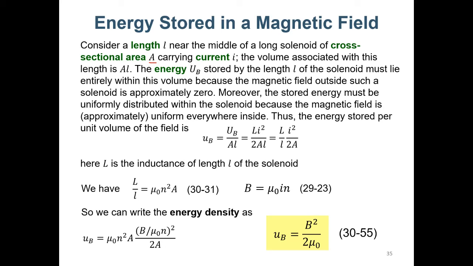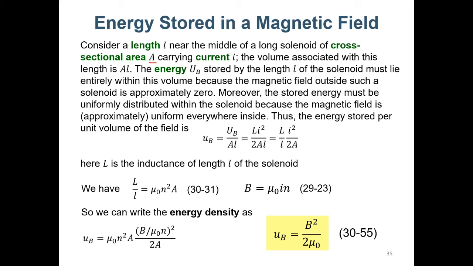So it just makes the assumption that all the energy is stored inside the inductor, inside the solenoid, and it's uniform. The B field is uniform, so the energy stored there is also uniform.